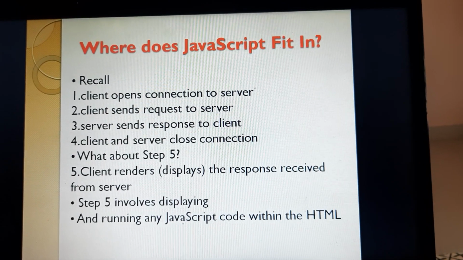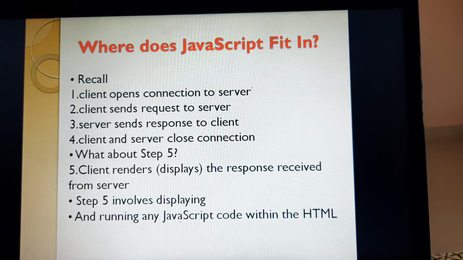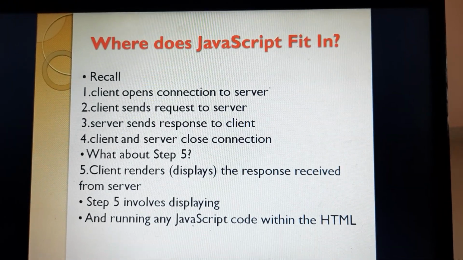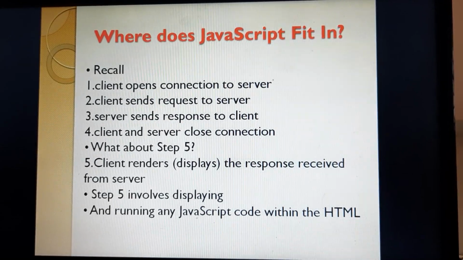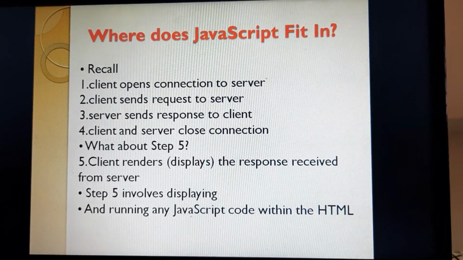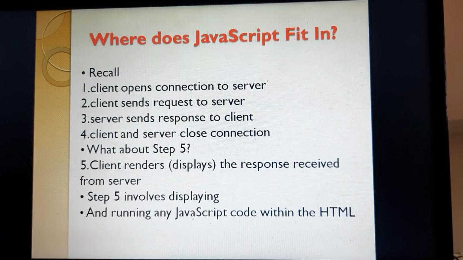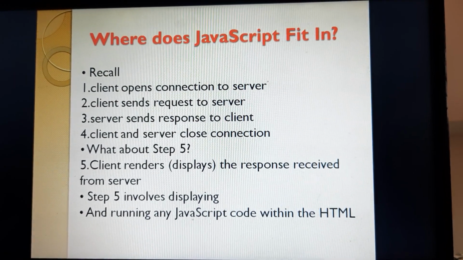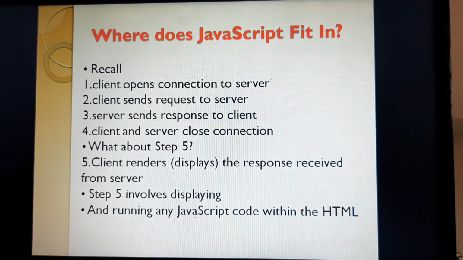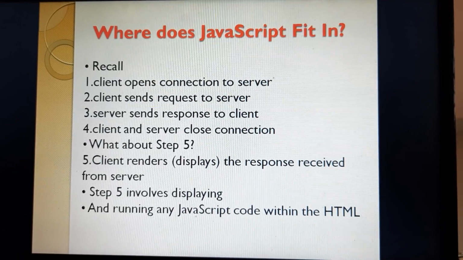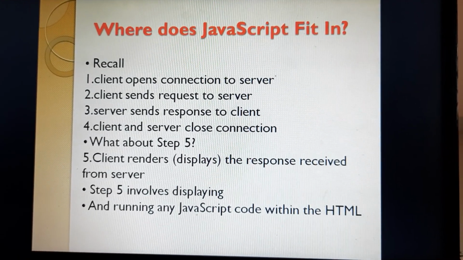So the client and server get connected with each other so that the exchange of information takes place. A client renders the response received from the server. So when the server sends a response to the client, it displays those responses on the client computer.